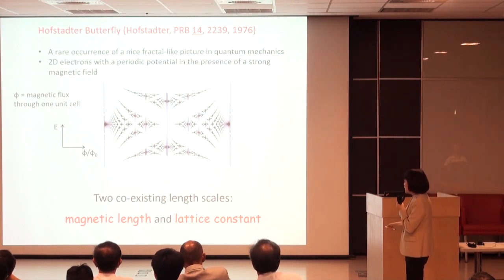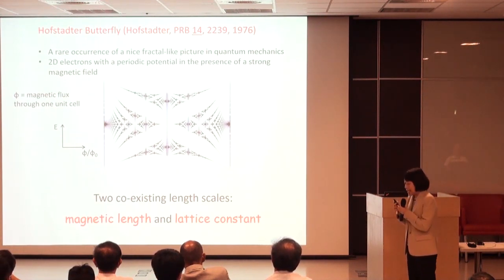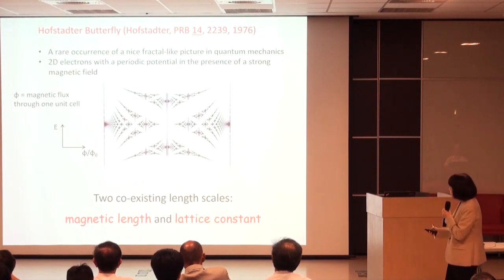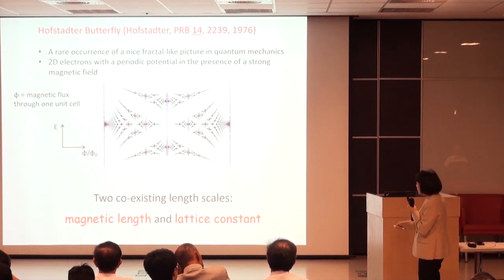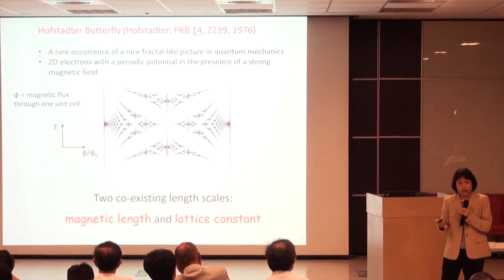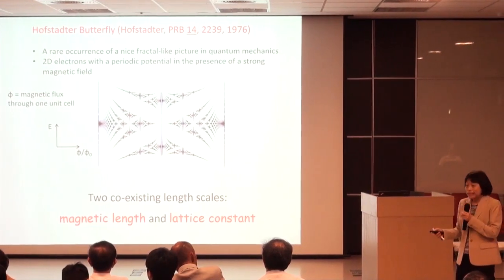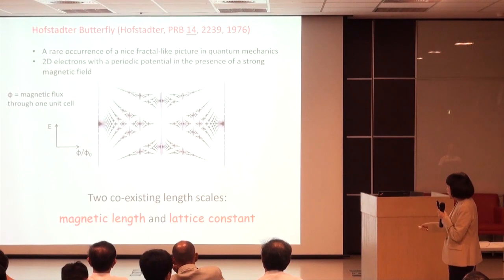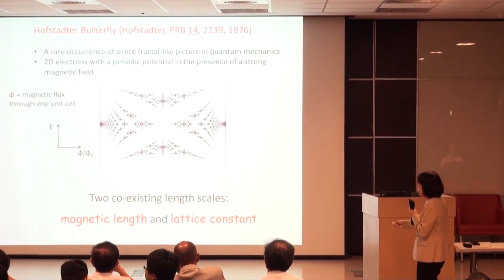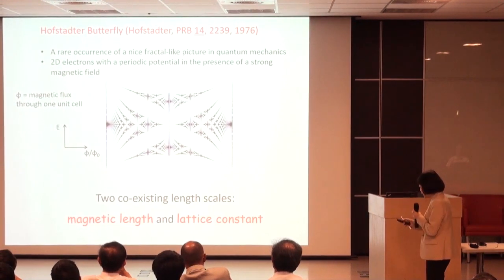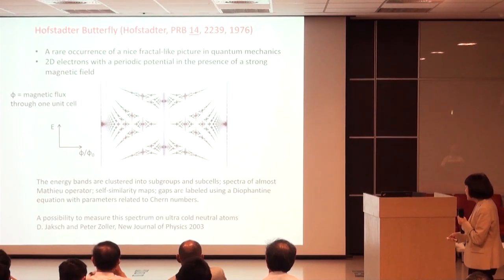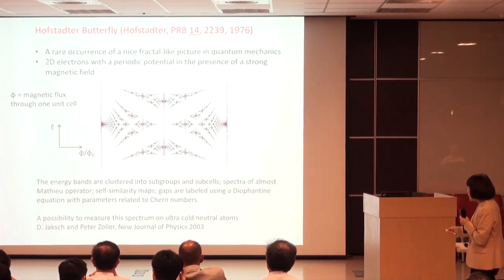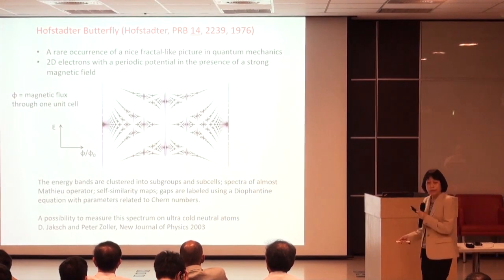So this is from the calculation, but it has never been observed in a real system because the unit cell is of the order of a few angstroms squared. So that means that this ratio is going to be very, very small, and we don't have a big unit cell in order to see the details there. It has been a very interesting problem for mathematical physics because these energy gaps are labeled with parameters related to the topological numbers, Chern numbers.